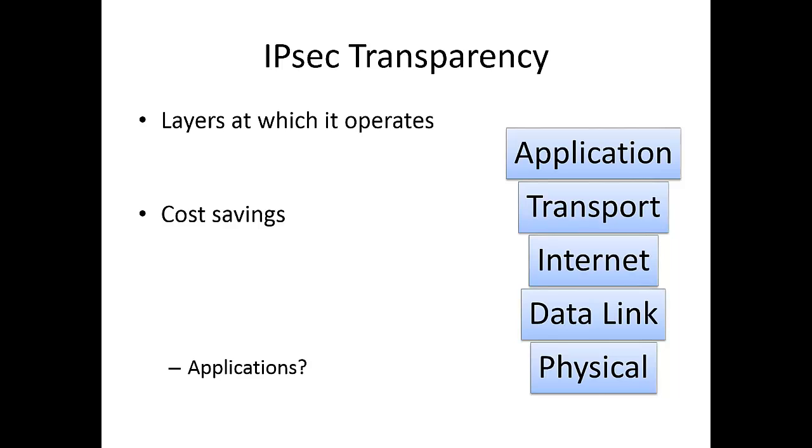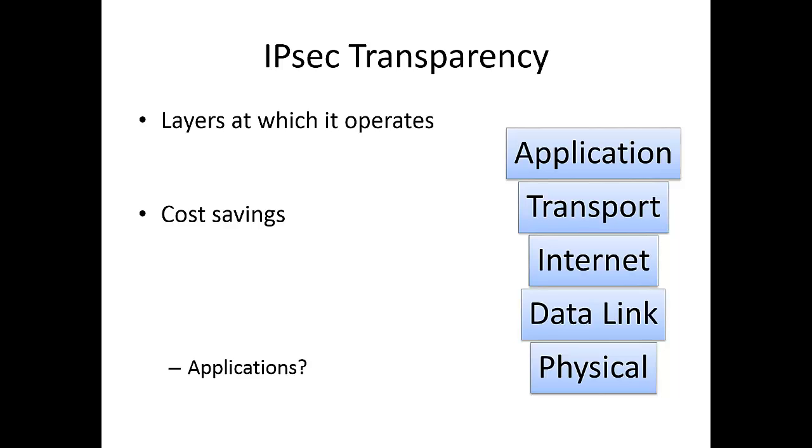So we often talk about IPsec transparency, and to understand why IPsec is transparent, especially to applications, we need to go back and discuss the layer at which it operates.